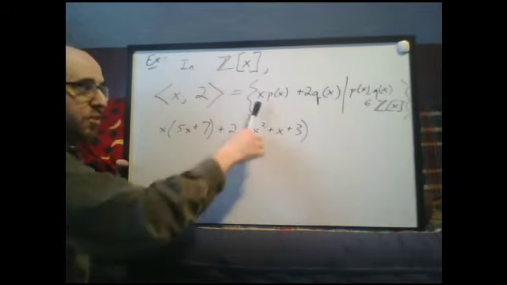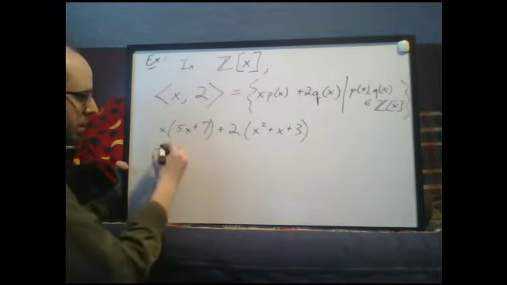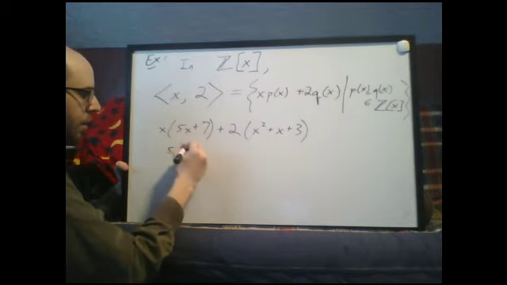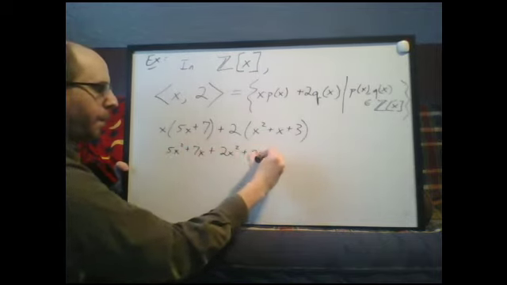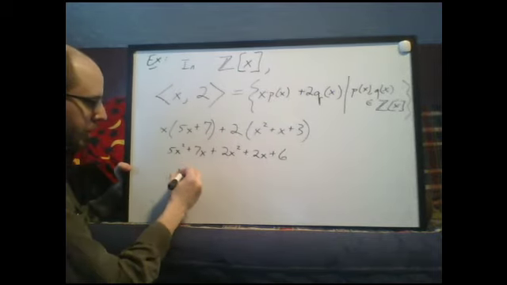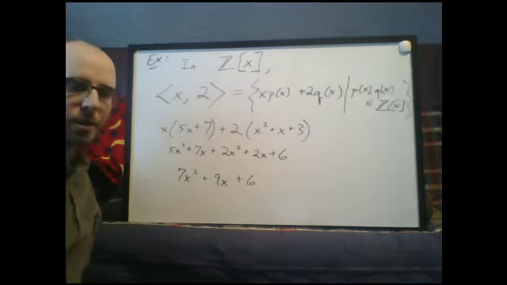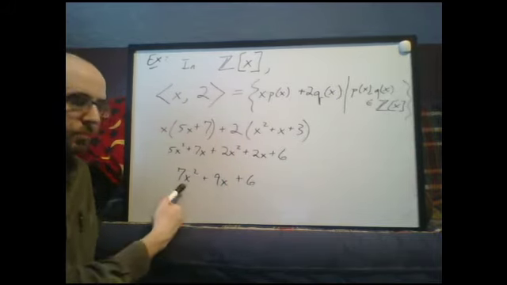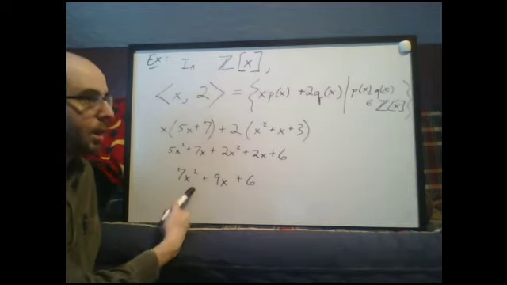So this fits this form. Now if I simplify it and combine like terms, I get 7x squared plus 9x plus 6. And so this is also of this form.